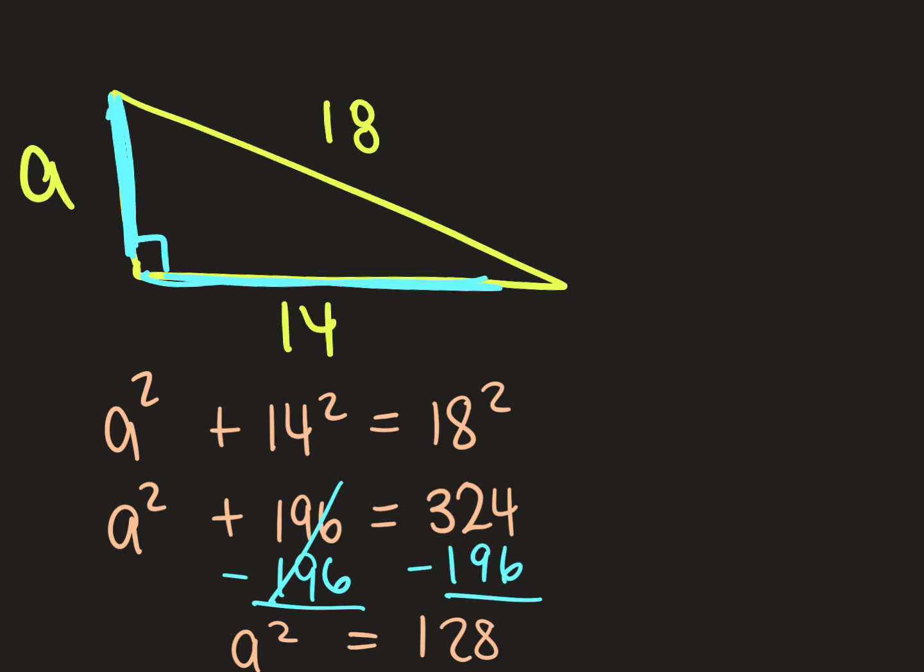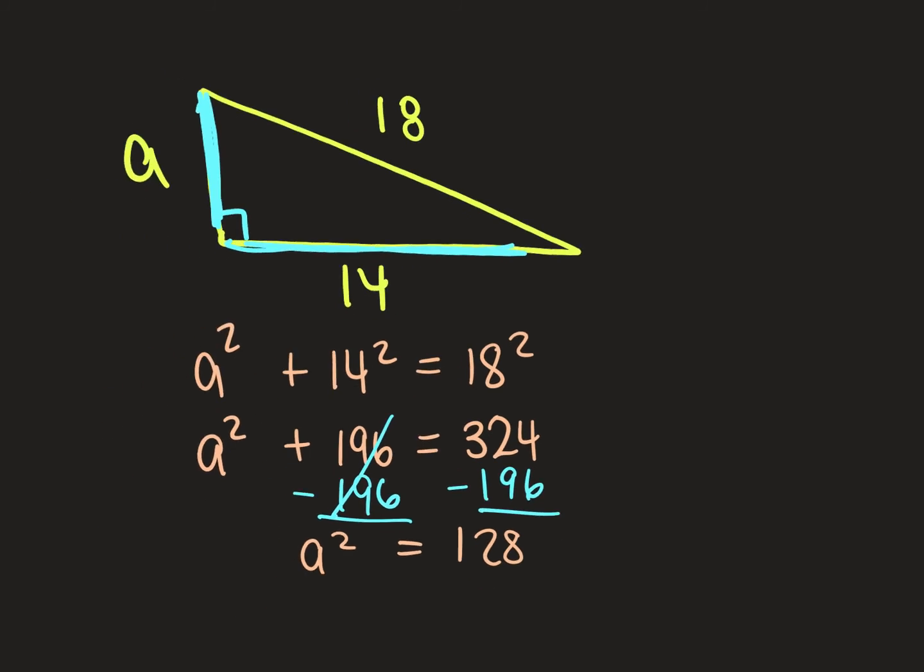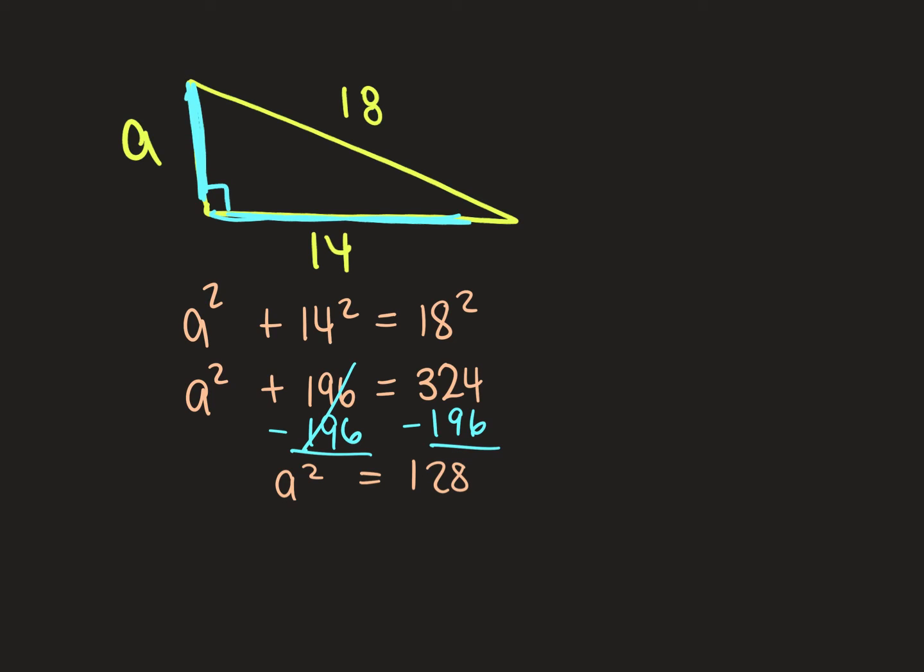So a squared is equal to 128. Now I got to get rid of that tiny 2, so I square root each side, and I'm left with just an a, and the square root of 128 is 11.31 if I round to the hundredths. So this time I was finding a leg, and I squared, and I squared, and I subtracted, and I square rooted.